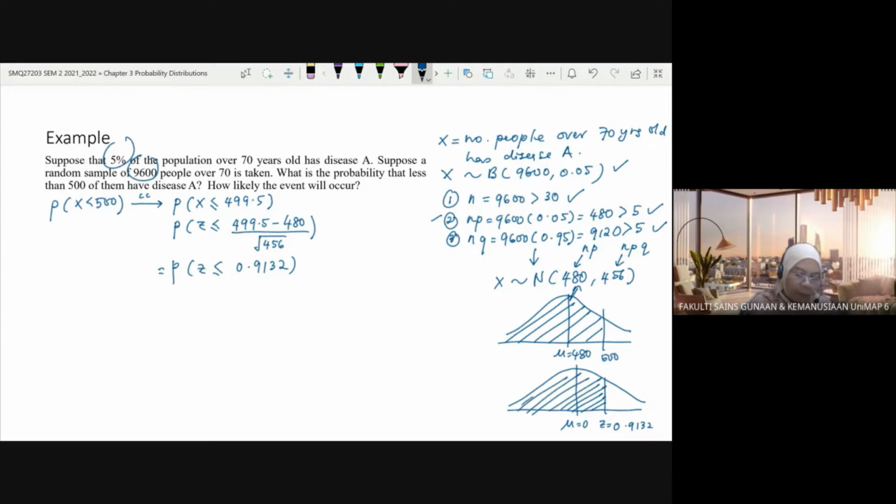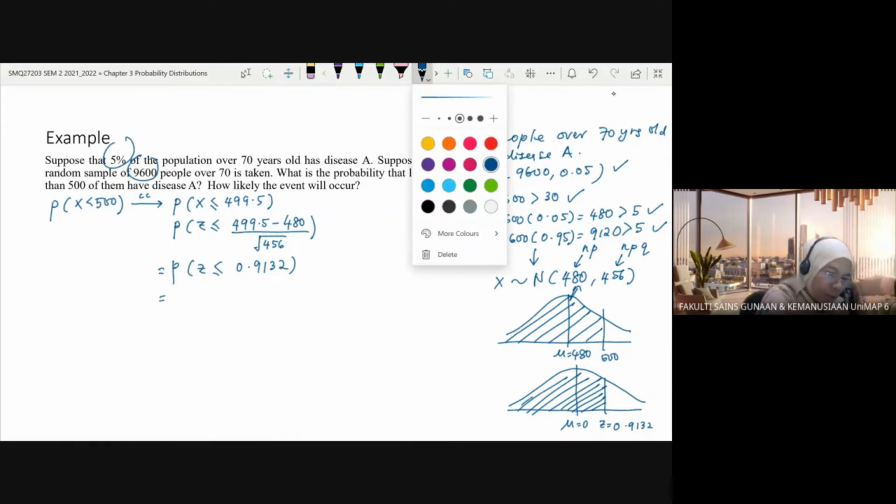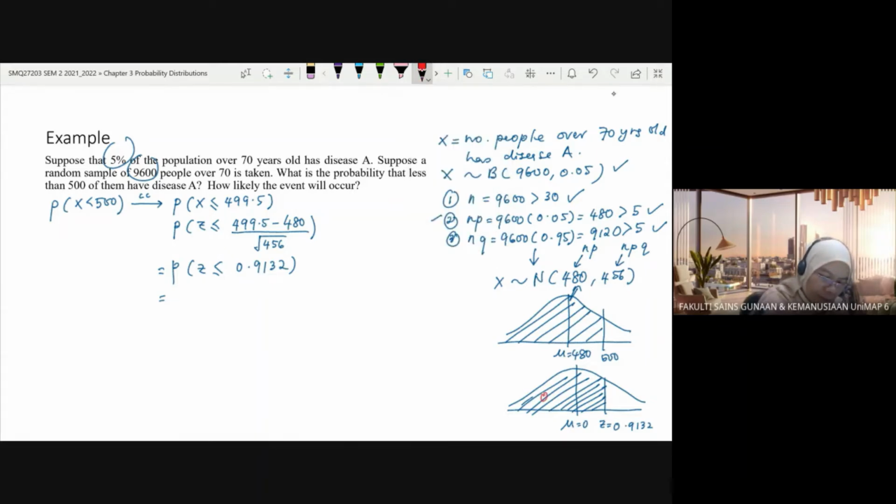Now, in order to get this particular area value or the probability value, we know that half of this region is equal to 0.5. So half of this is already 0.5, and the next part is finding the probability here.